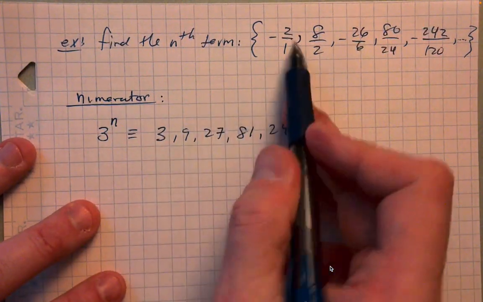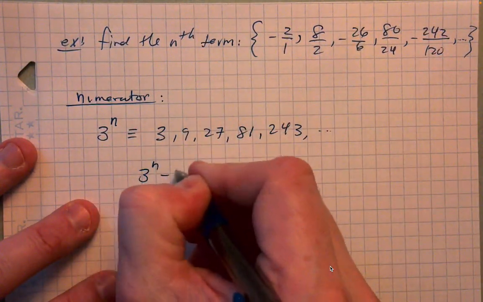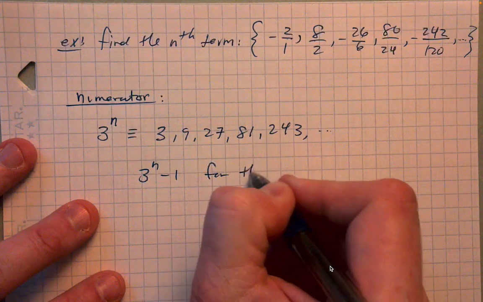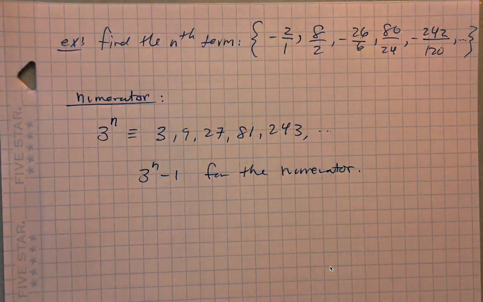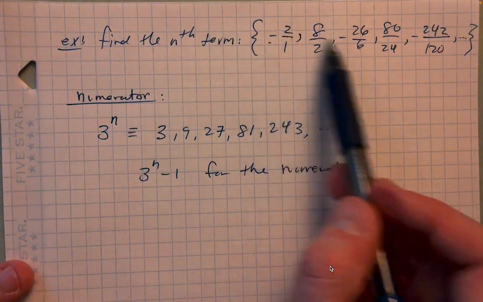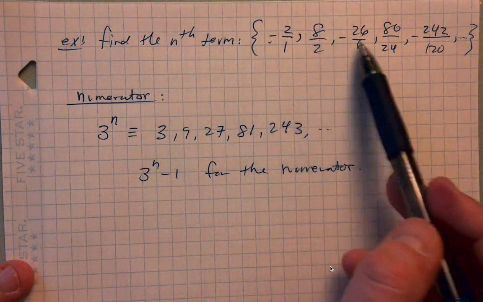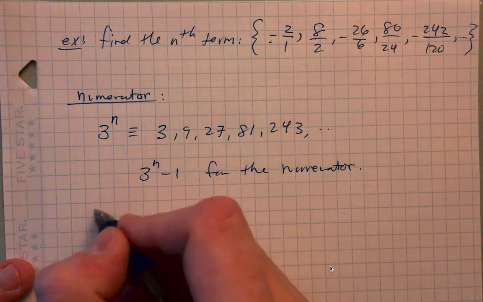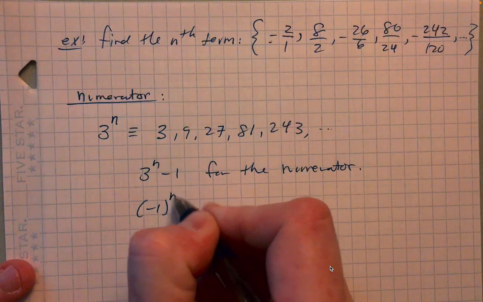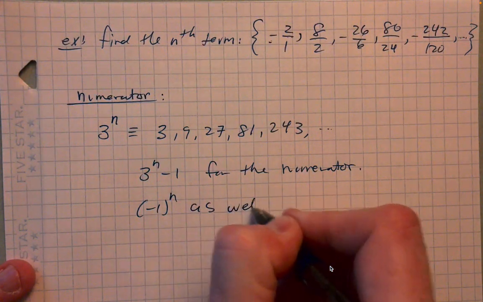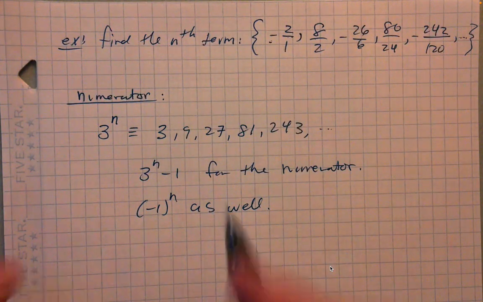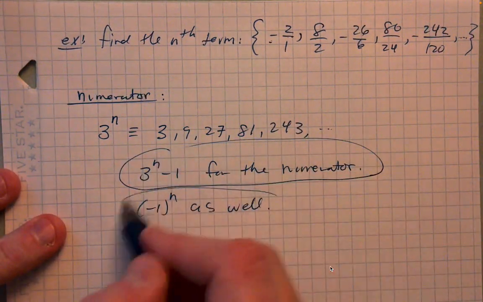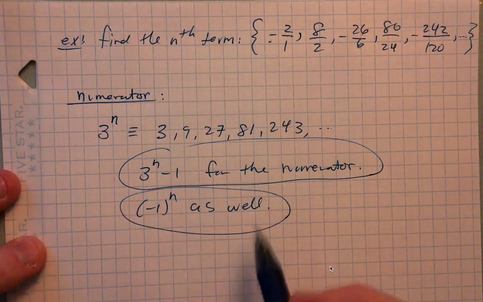So the numerator looks like 3 to the n minus 1. Now you can also see there's some oscillation: negative, positive, negative, positive, negative. So somewhere in here is going to have to be a negative 1 to the nth as well. We can put that in the numerator, in the denominator, or out front. We're just keeping track of it for the overall term.